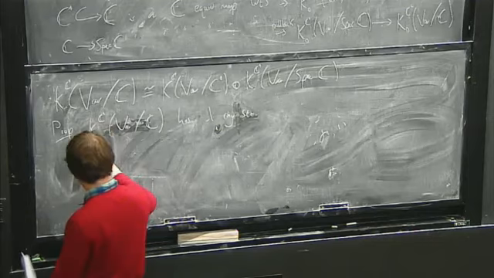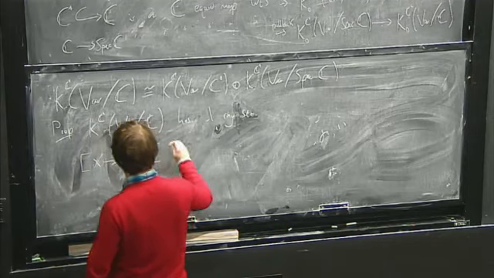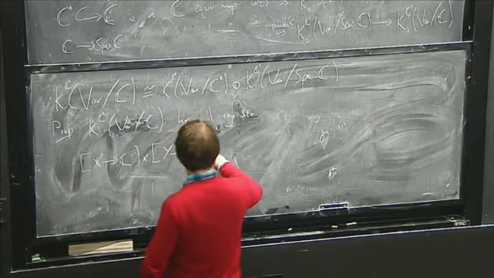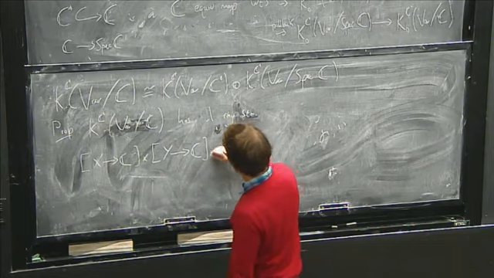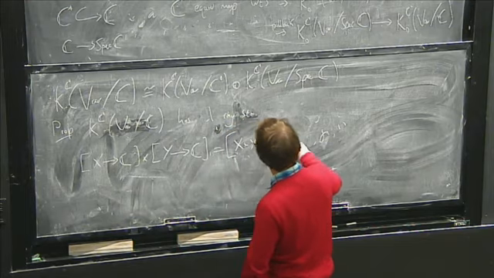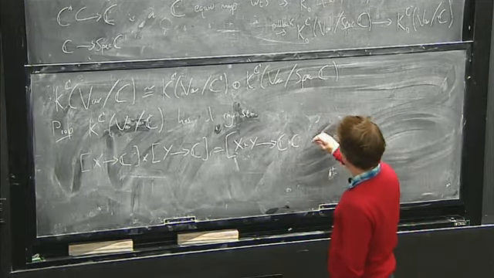If I have X mapping to C, and I want to multiply that by, remember I still haven't even given you an actual ring structure, this we define to be just a Cartesian product. But then we push it forward via addition.